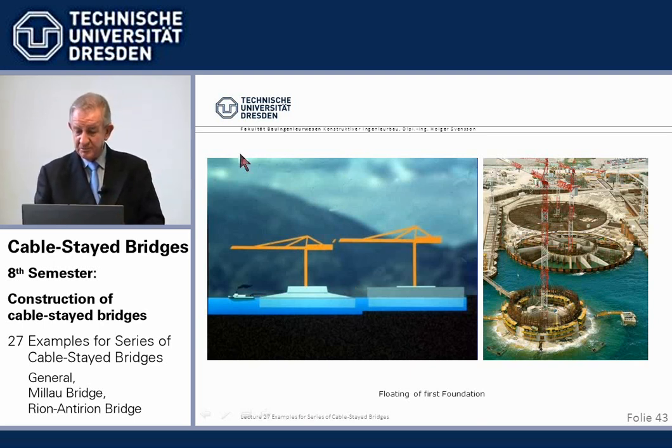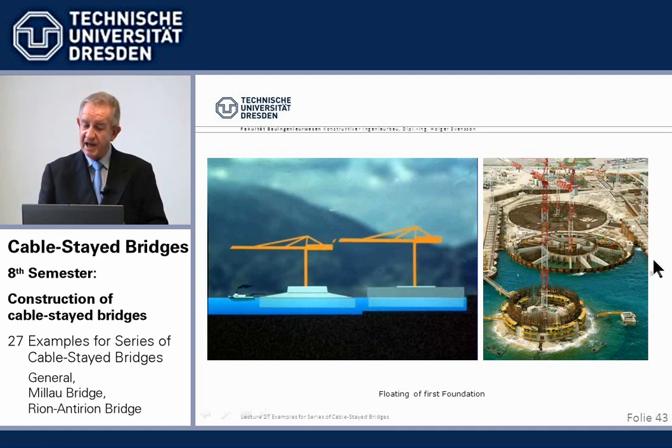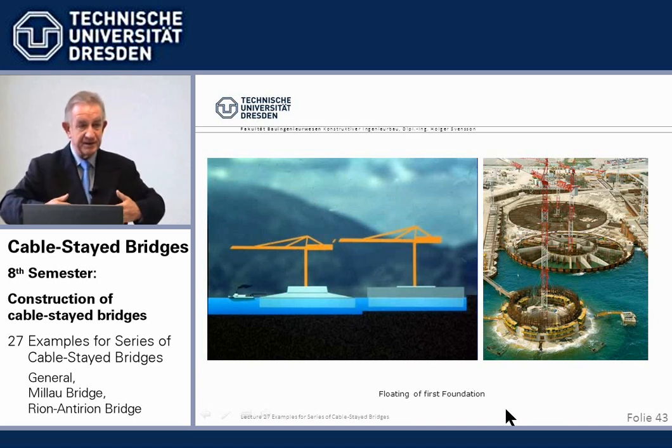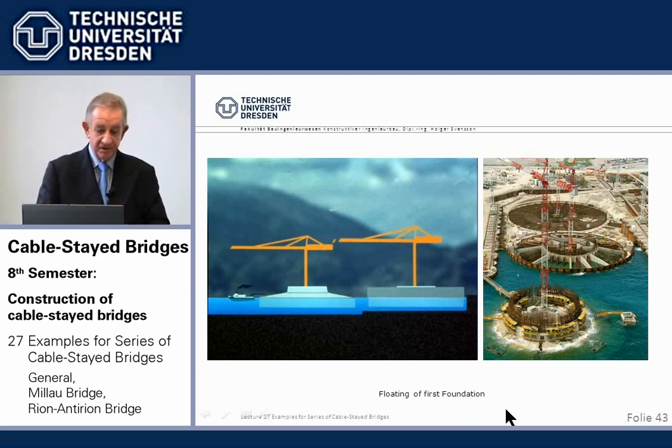And somebody had the bright idea, no, we use the first foundation as a gate to close temporarily the dry dock, pump it out again, build the next one, and so on. So by using the front foundation as a temporary gate for the dry dock, they saved a lot of time. Just a little smart trick.